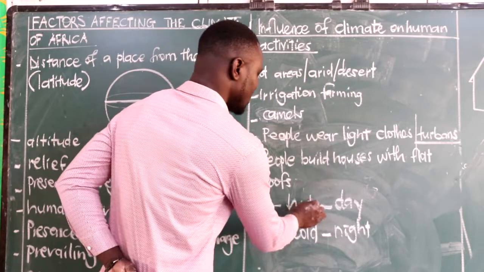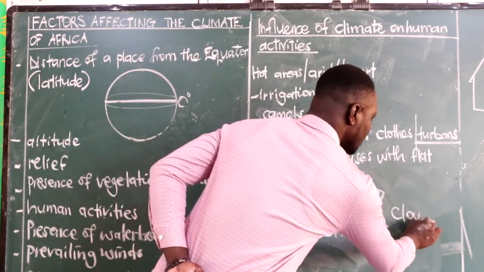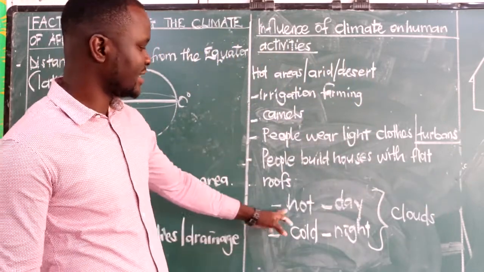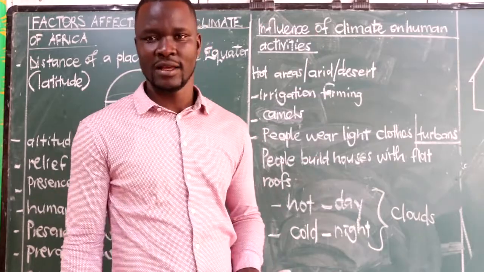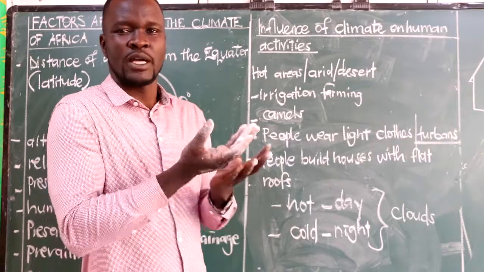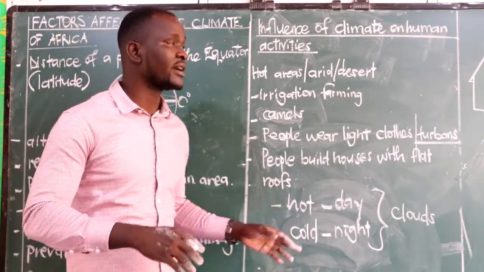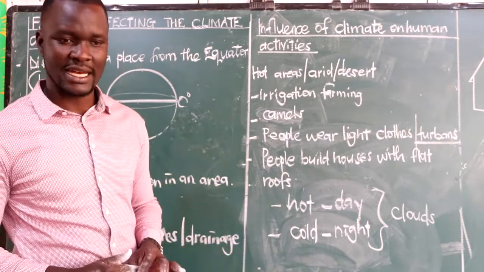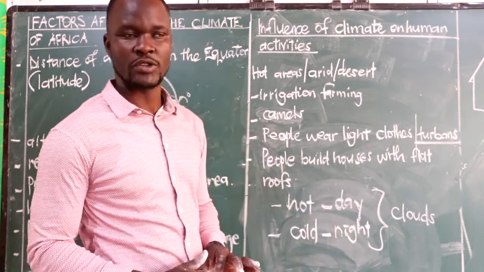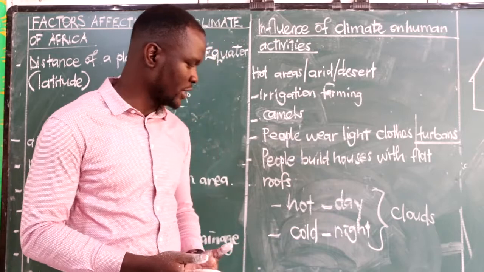So what we need to note is that the whole point is on the absence of clouds. During the day, the sky is clear, which means there are no clouds that would help to trap or to absorb the sun rays. So you'll find that the area receives direct sunlight because of the absence of clouds, or you say due to clear skies. That one is point number one.